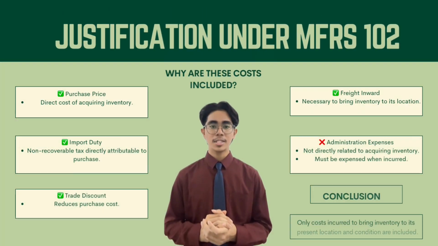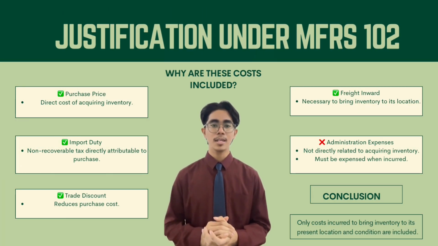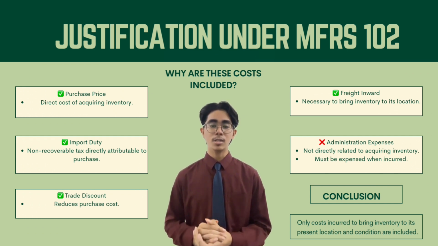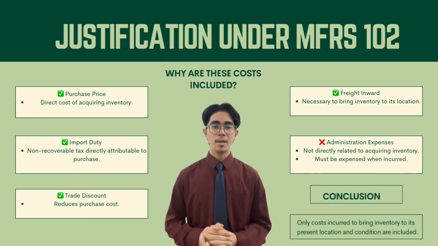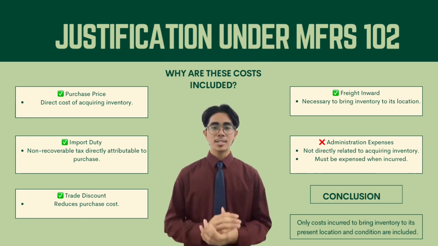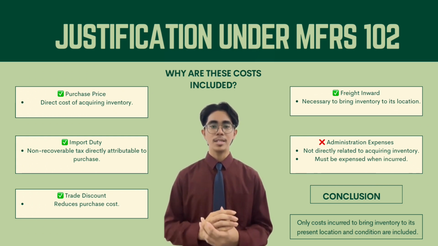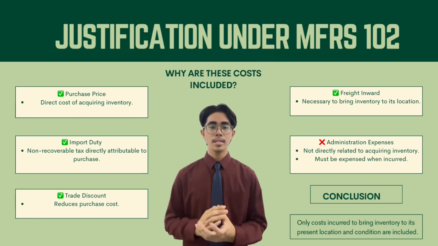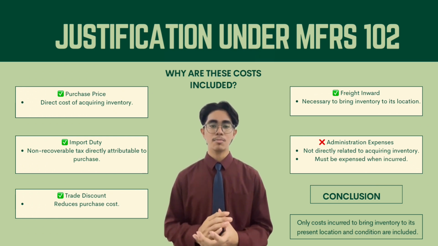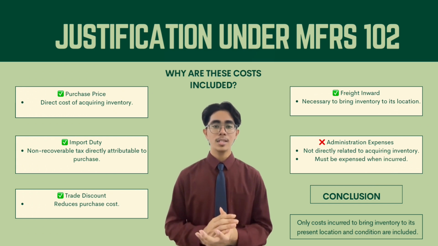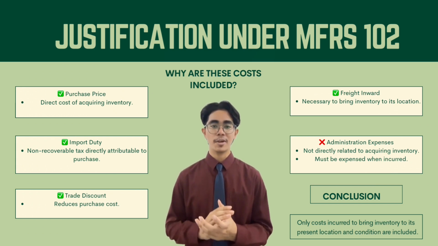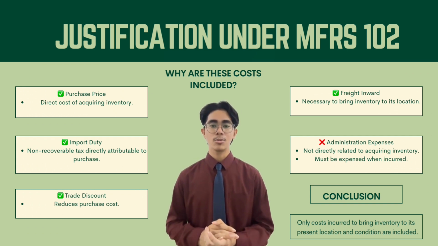The administration expense of 2,000 is excluded because it does not contribute to bringing the inventories to their present condition and location. As required by MFRS 102, this expense should be recognized separately in profit or loss. Therefore, the initial inventory cost recognized by the company is 127,500. Next, I will pass to the next presenter.